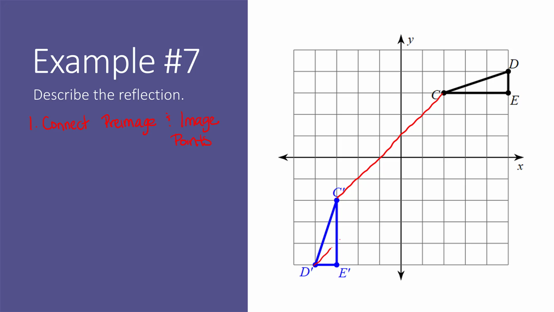D is going to connect with D prime. And E will connect with E prime. For step 2, we're going to count how many boxes are between those new segments and divide in half.